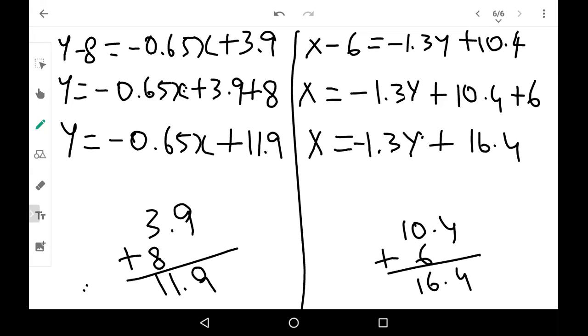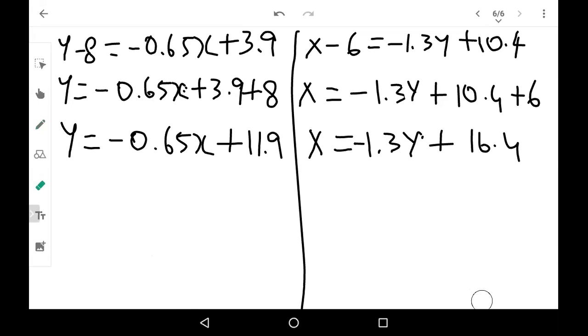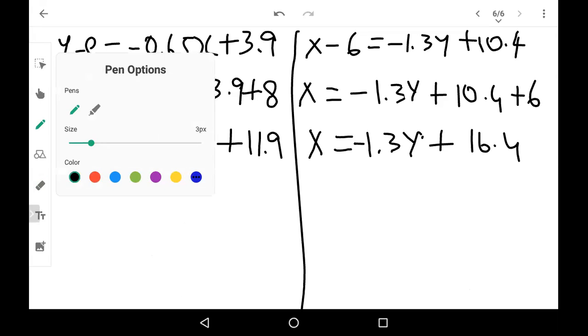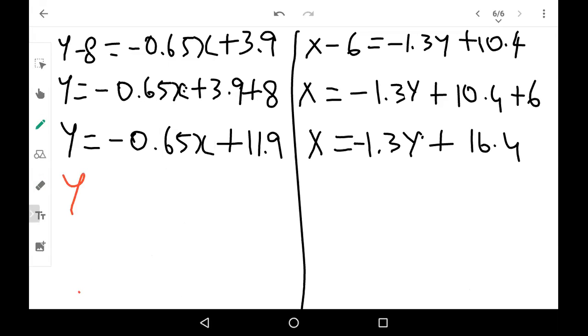Okay. Now, instead of writing the minus in the first place, I am just going to rewrite the equation like this. Y is equal to 11.9 minus 0.65x. I'm just taking that negative expression to the end.